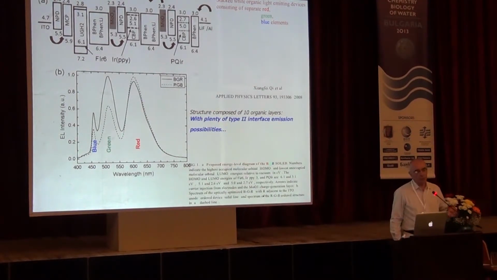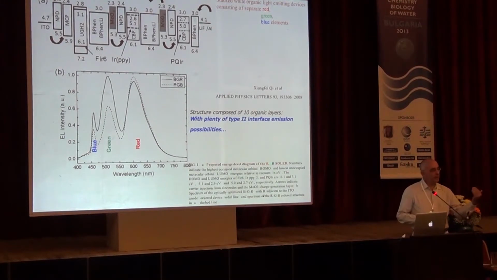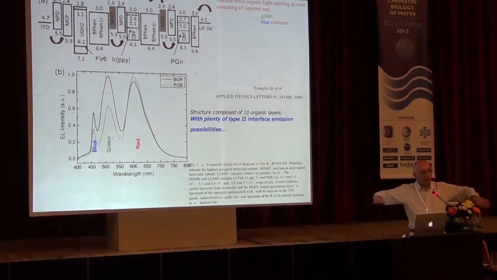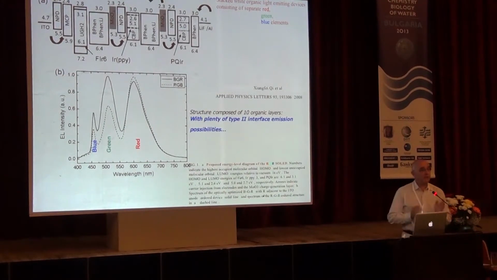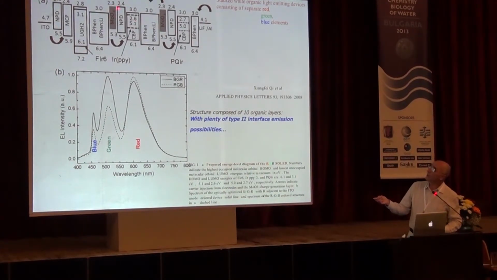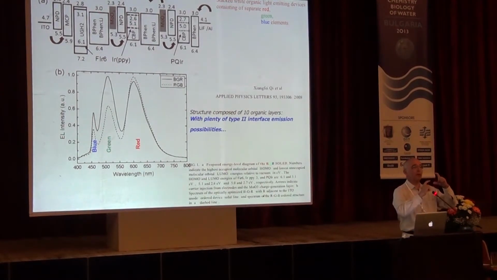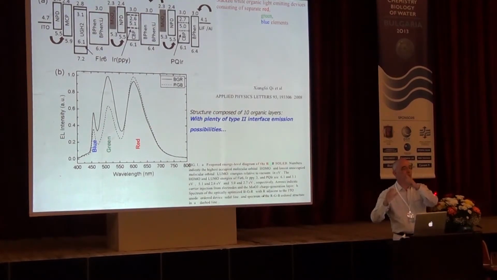And for organic solar cells or organic LEDs, we need the emission. For solar cells, we need the separation of charges. And we built this sandwich as a stack of many layers. You can see that they use this kind of band gap engineering to have many colors.